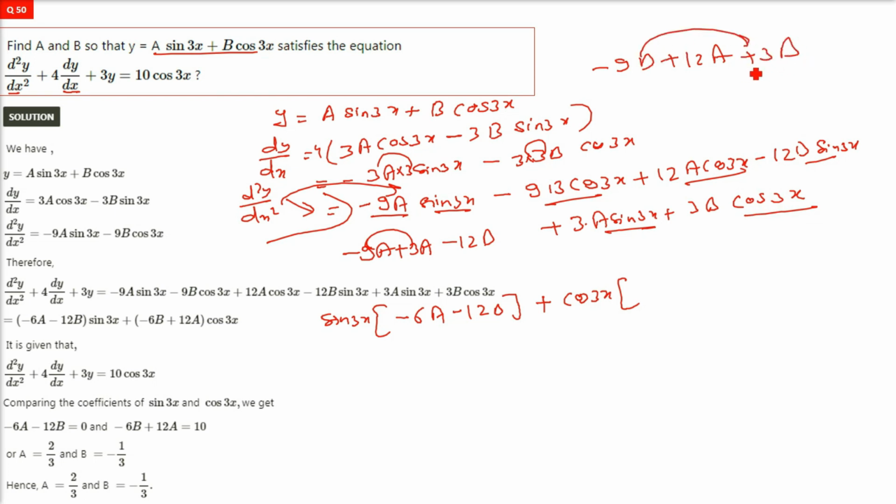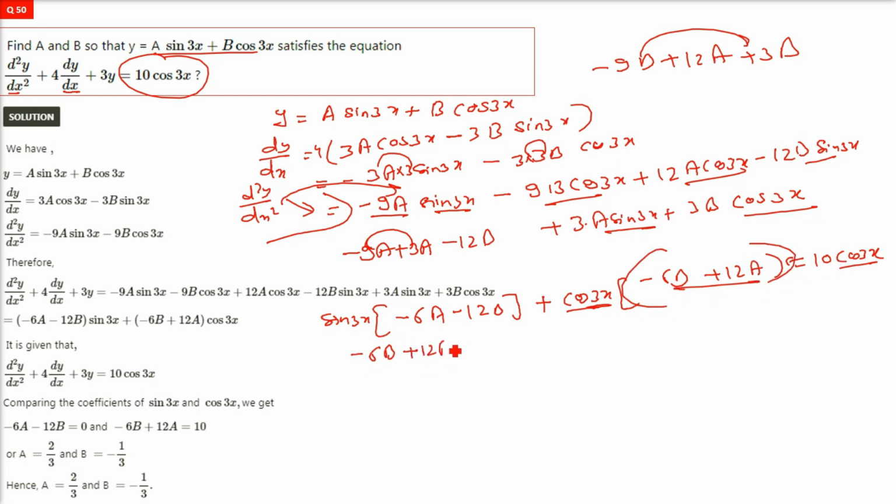So 3b minus 9b is minus 6b. You have 12a here. Write it as 12a, and cos 3x is already there. Now this is equal to 10 into cos 3x. So when you equate it with 10 cos 3x, what does it mean? It means you have only the term 10 as coefficient of cos 3x and there is no term of sin 3x. So minus 6a minus 12b equals 0.